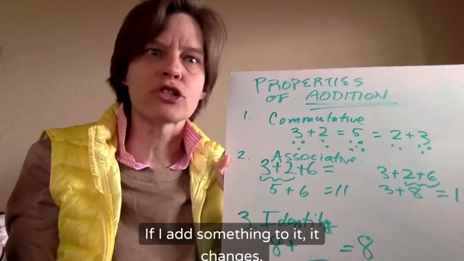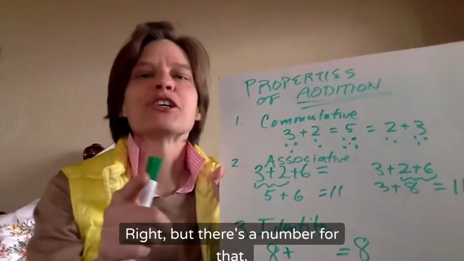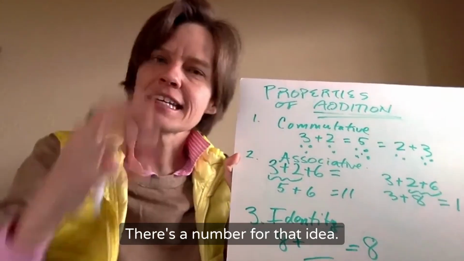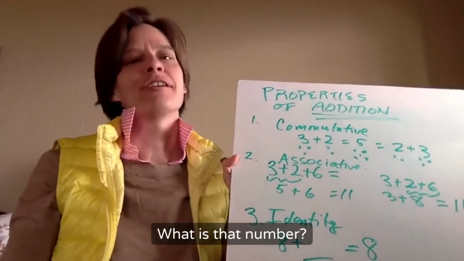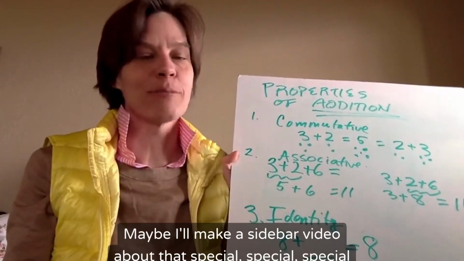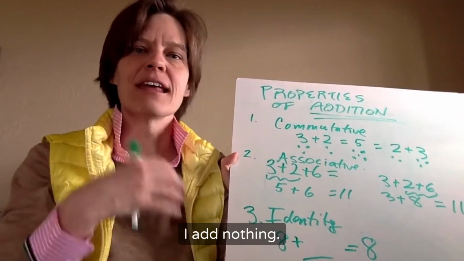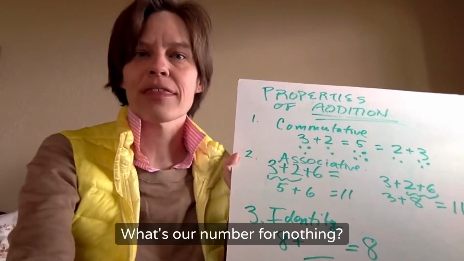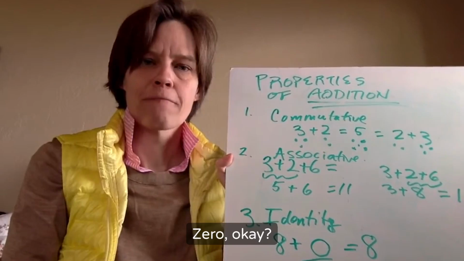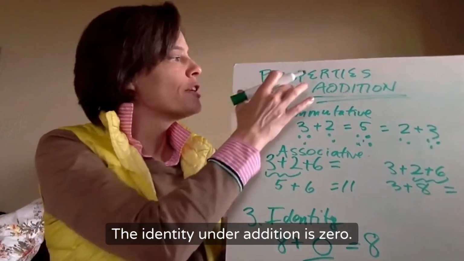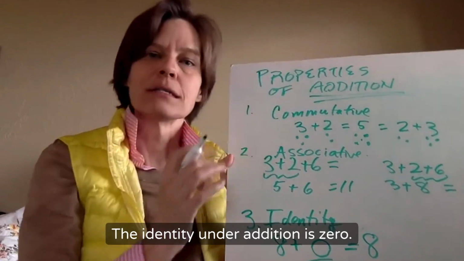If I add something to it, it changes. Right, but there's a number for that idea. What is that number? Maybe I'll make a sidebar video about that special number. Well, I add nothing. What's our number for nothing? 0. The identity under addition is 0.